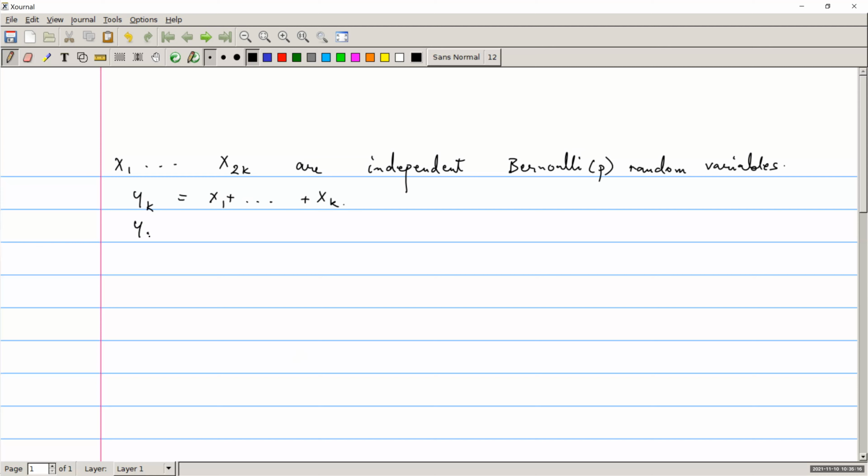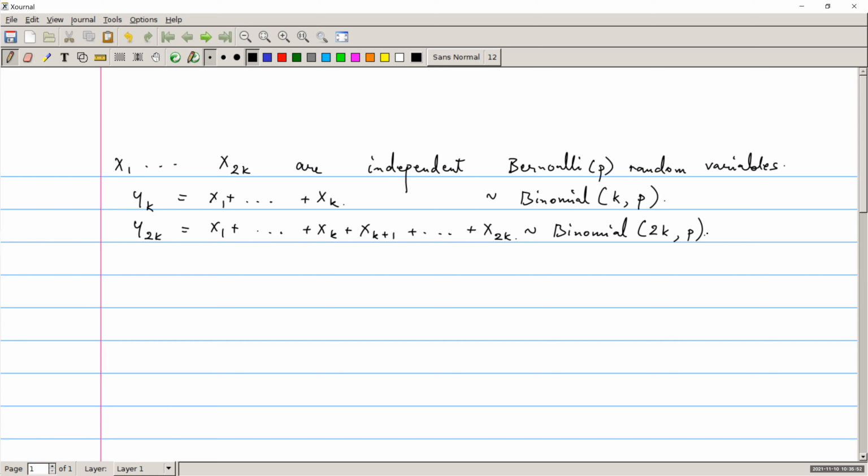And we also have Y2k, which is X1 all the way through Xk, plus the remaining random variables. We know Yk is a binomial random variable with parameters k and p, and Y2k is binomial with parameters 2k and p. These are all random variables defined in the same probability space.